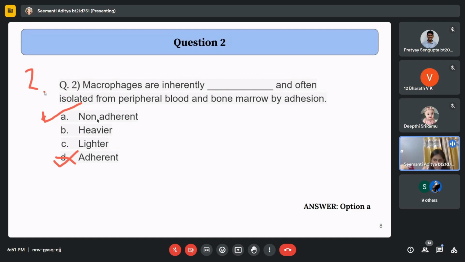Yeah, this is actually adherent only. The option here is not A. It is D.